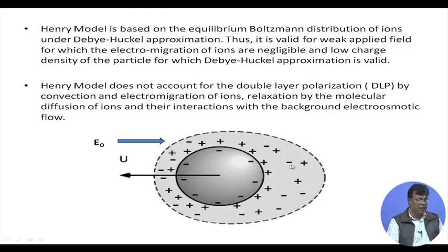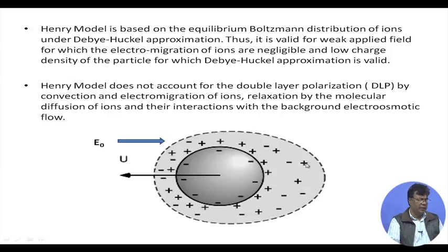So, these loosely connected, imbalanced ions, when there is an applied electric field, will move in the opposite direction to the direction the particle is moving. So, negative ions will be surplus, or rather positive ions will be surplus here.